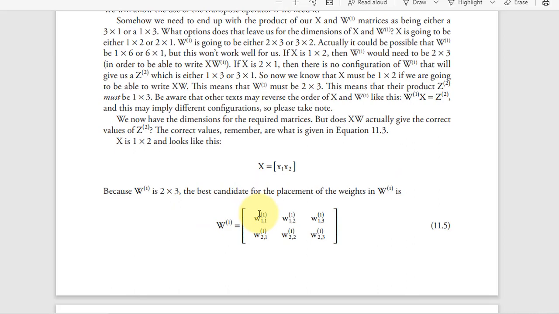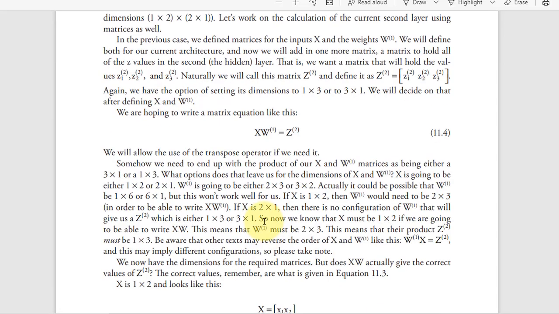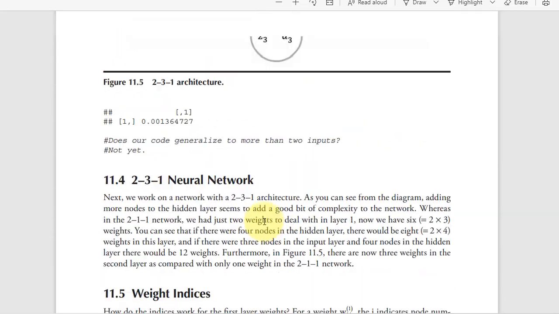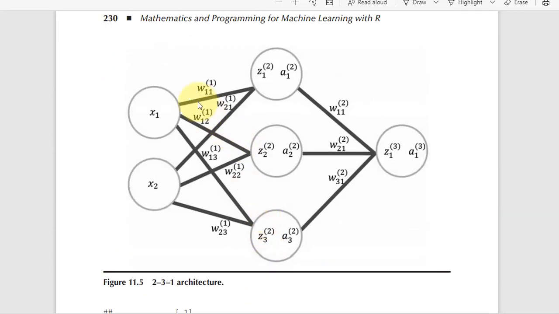Let's first look at what the subscripts mean. How did we decide how to label these? Let's take this one. W12 goes from here to here. And how about W21? Here's W21, and it goes from here to here.